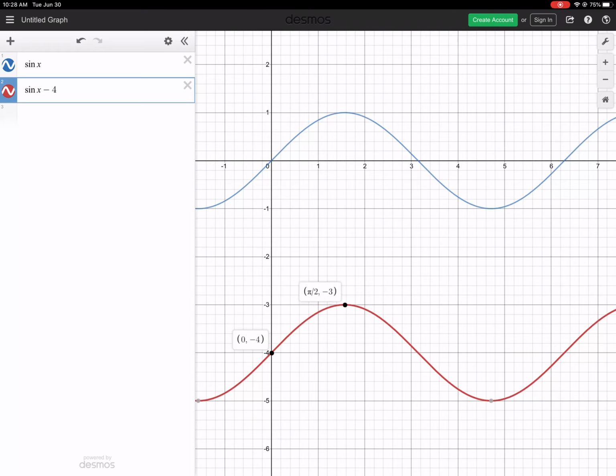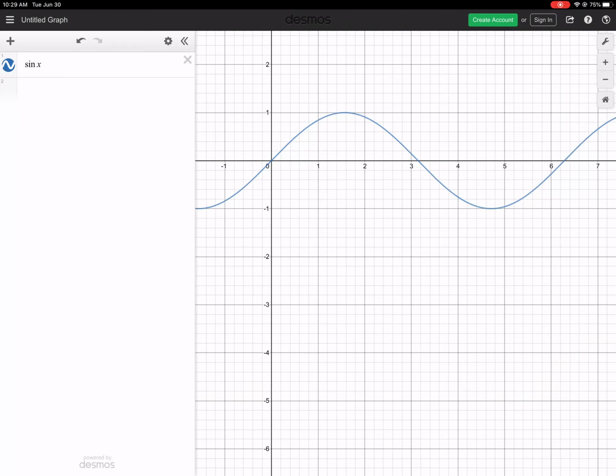This is minus 3. 3 pi over 2 is now at minus 5. So everything has shifted down 4 units.